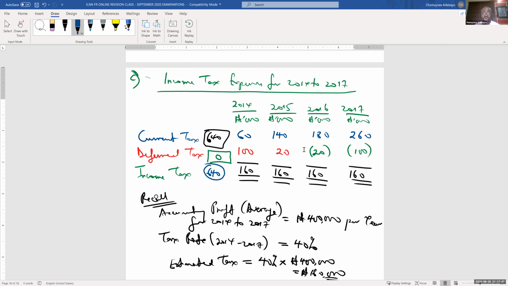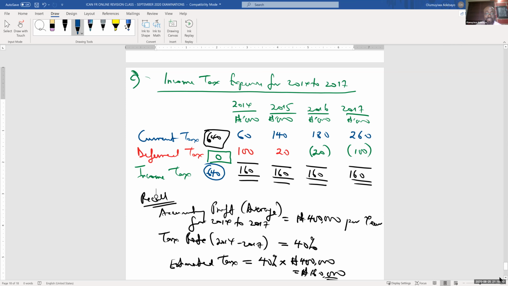Which means deferred tax is just an accounting measure. It's a form of estimate made from accrual as an adjustment to your current tax, so that your income tax is a reflection of the impact of a tax on your performance. And that's what we are just trying to do. Which means deferred tax itself is not a tax. Deferred tax itself is not what? A tax. But what is deferred tax now?